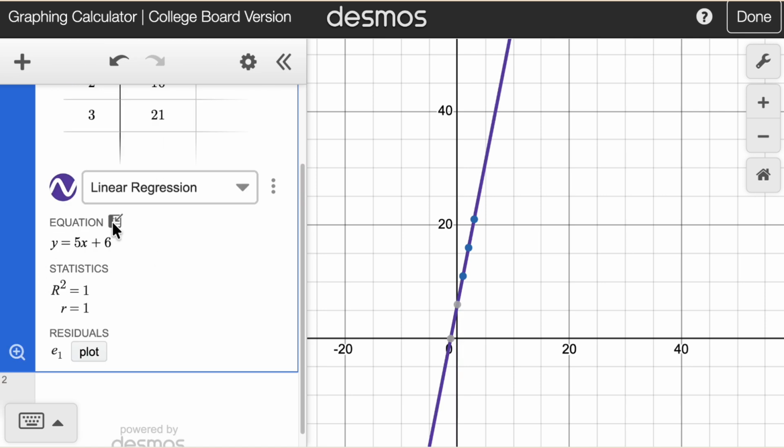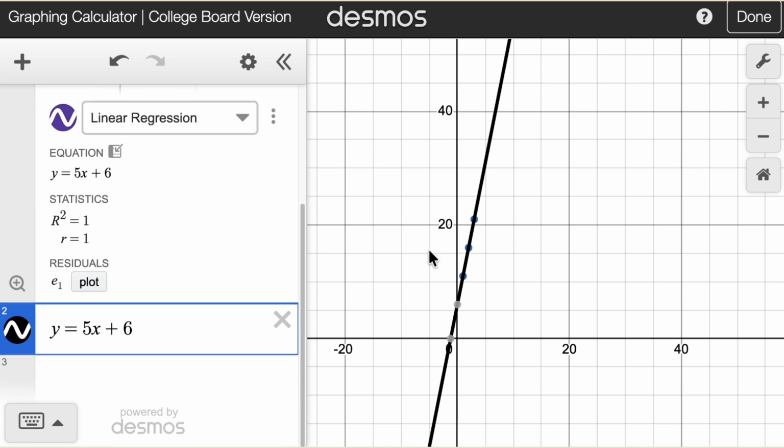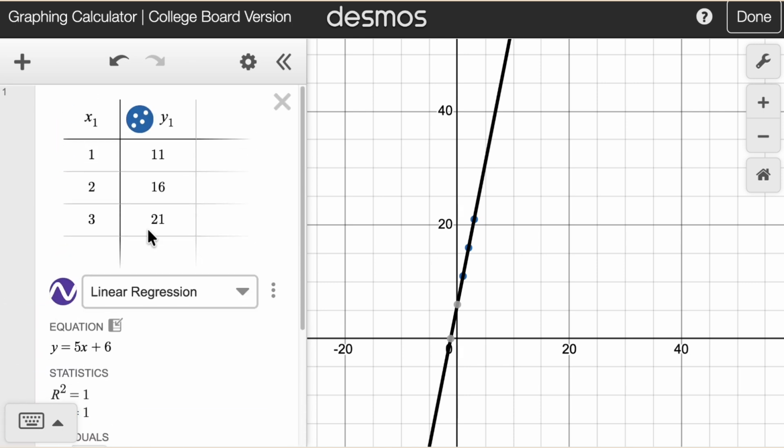And there you go, you got your equation. You have y equals 5x plus 6. That was very fast. So go with Desmos always if you can find it quickly. But it's your choice, and it's also based on how much time you have left on the exam. And if you're just checking your questions, it all depends on that.